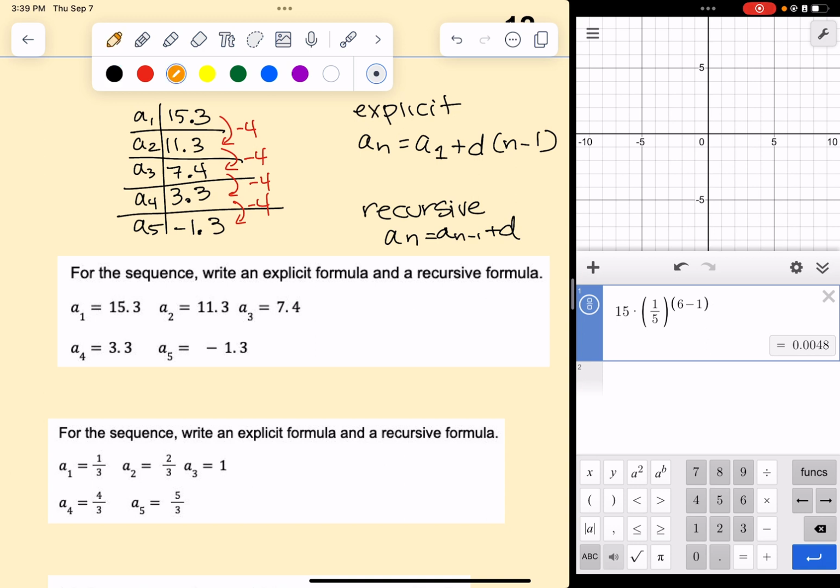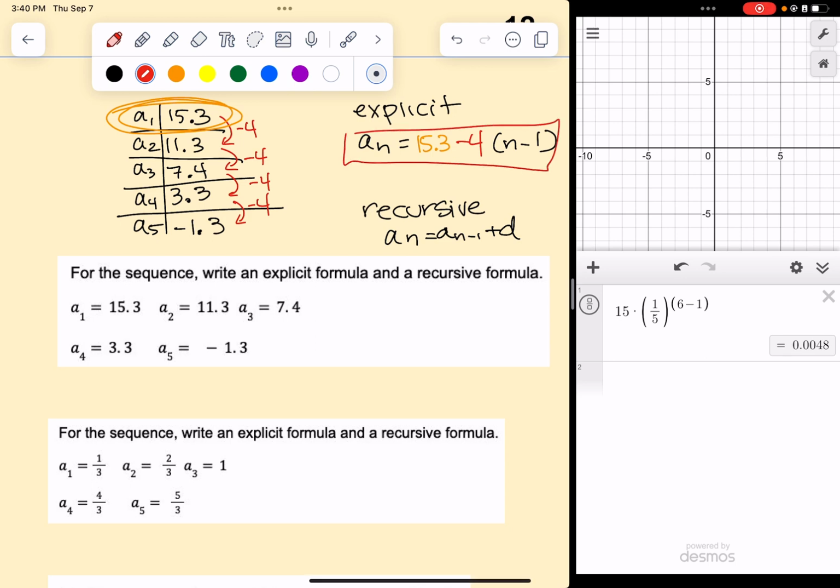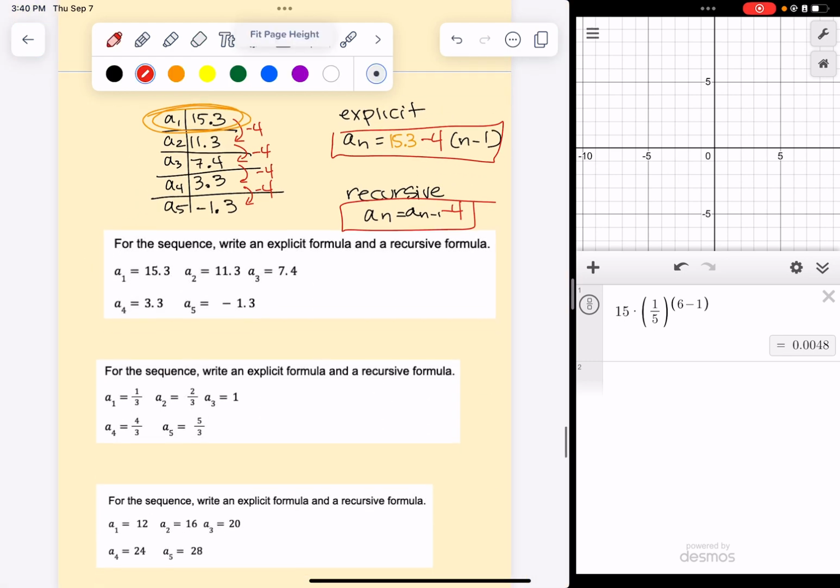Remember, my a_1 is 15.3, so we put 15.3 where we see a_1. My d is going to be negative 4, so get rid of the plus. It has to be minus 4. That's my answer. Same thing down here, we're just replacing this d with minus 4. That's your answer. Okay.